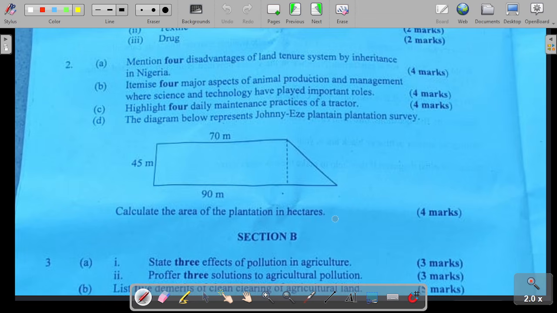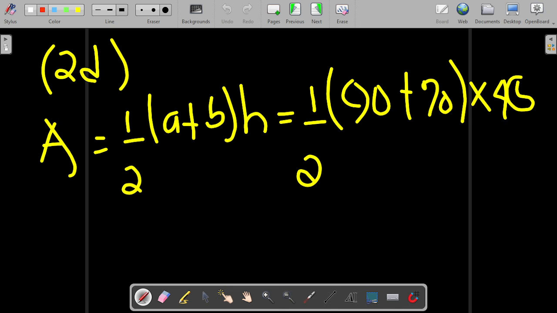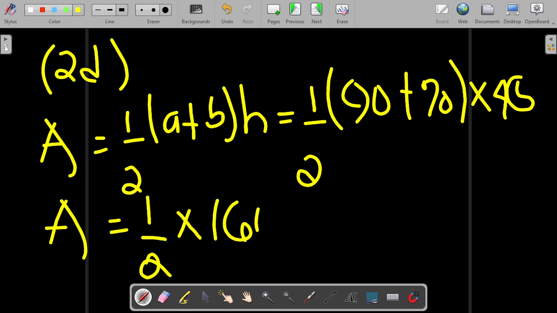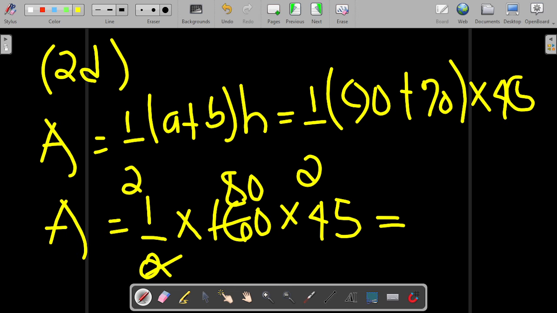Calculate the area in hectares, so don't forget, not in meter square. Simplifying, area is 1 over 2 times 160 times 45. This cancels, and I'm left with 80. What is 80 times 45?